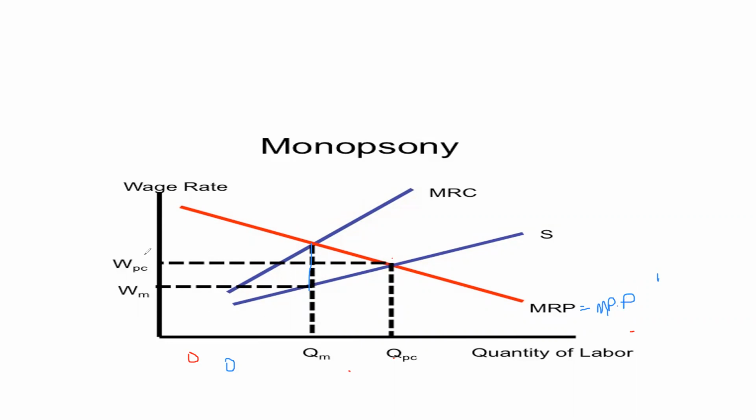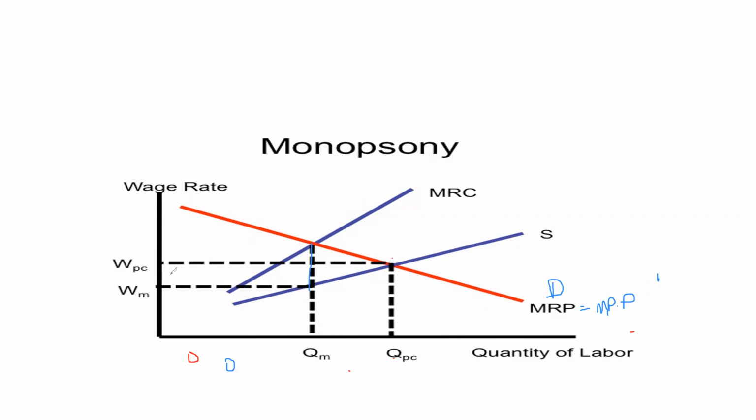All right. Perfect competition would be supply crosses demand. Supply, MRP is D equals MRP. Notice perfect competition, wages are higher and the number of workers is higher.